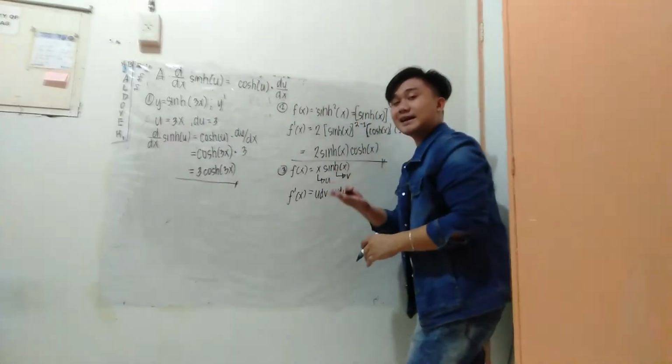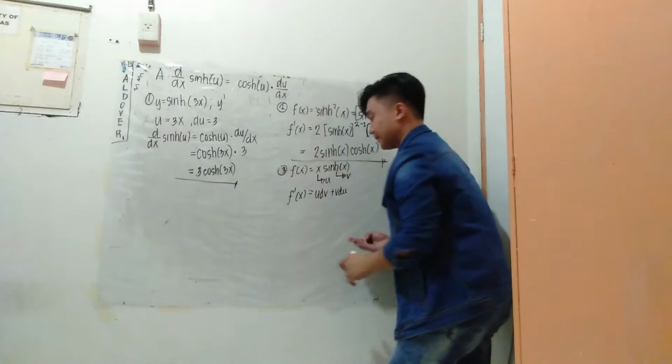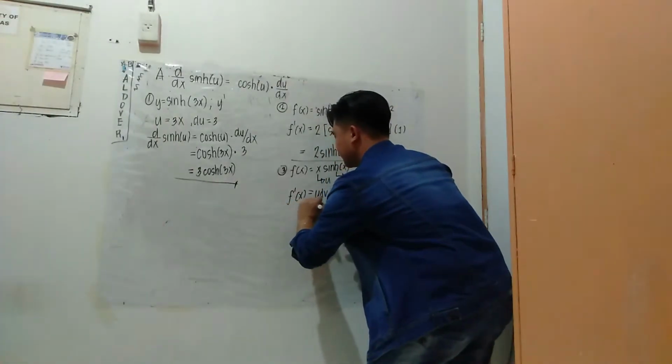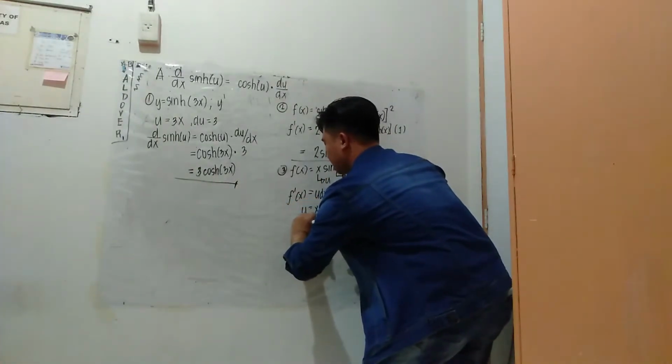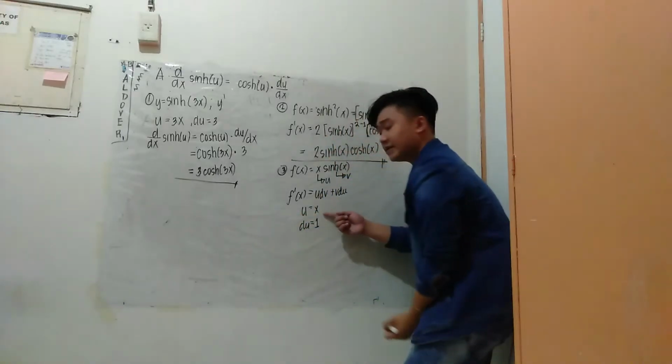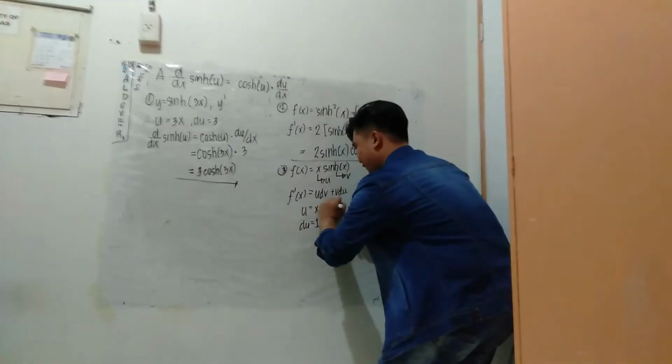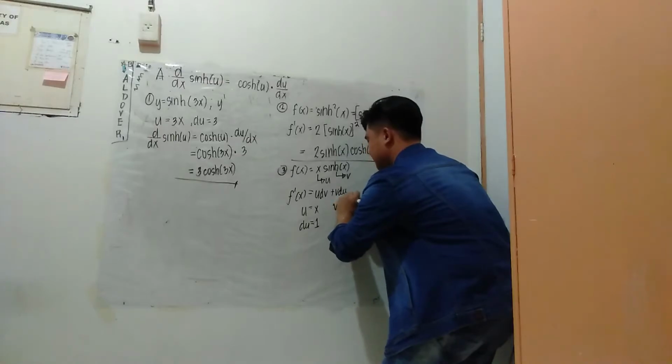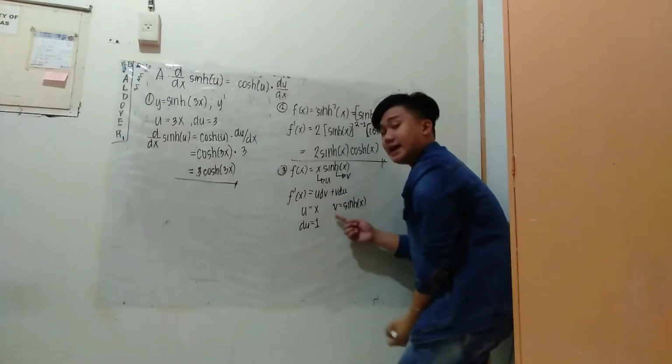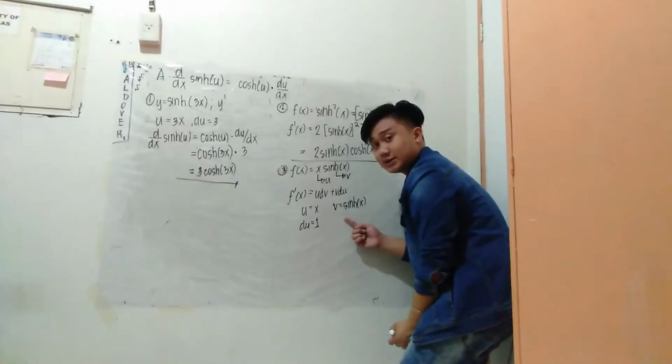Katulad lang ng ginagawa natin sa mga previous lessons natin. So, u is equals to x, du is equals to 1. Derivative lang ng x. V is equals to sinh x. And again, what is the derivative of sinh? Cosh.